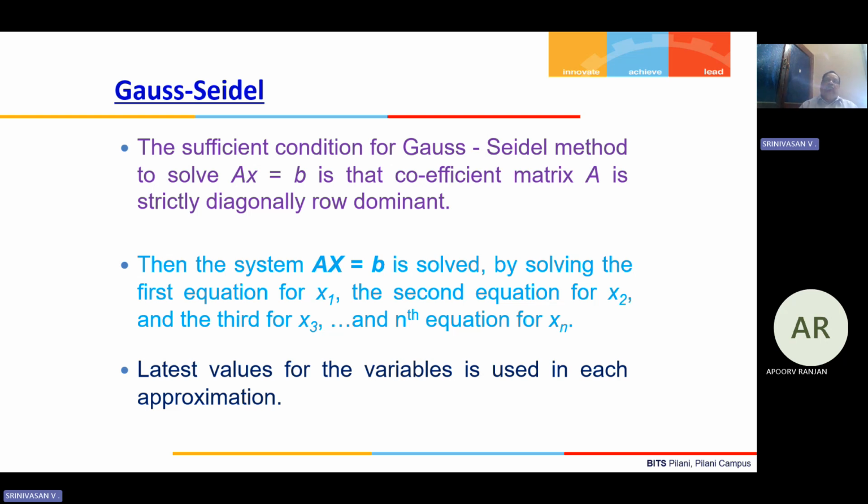So using the latest values of the variables in each approximation is the main and important concept of Gauss-Seidel, which is not the case with the Gauss-Jacobi method. So this is where we have a distinction between Gauss-Seidel and Gauss-Jacobi method.